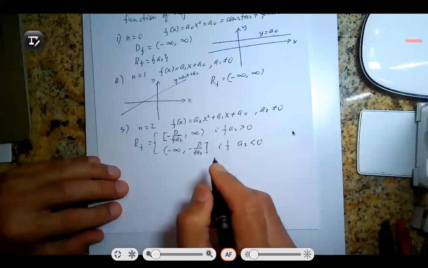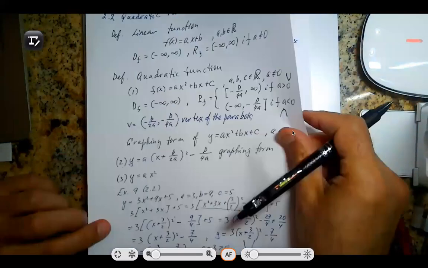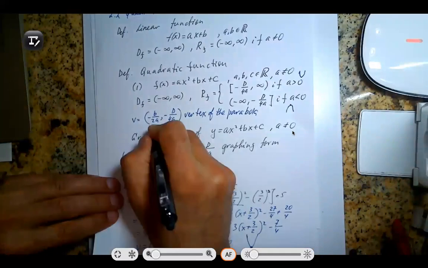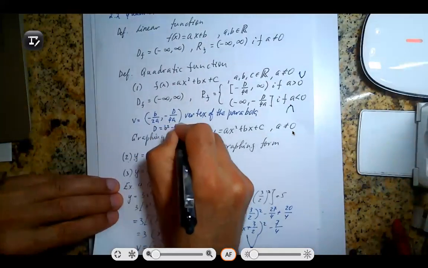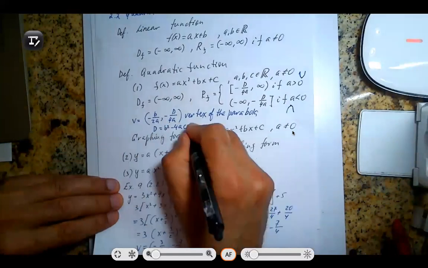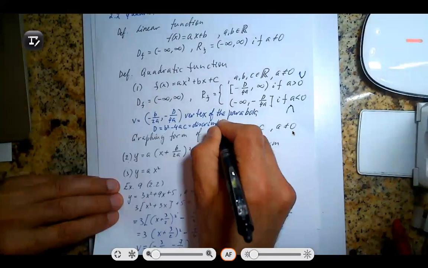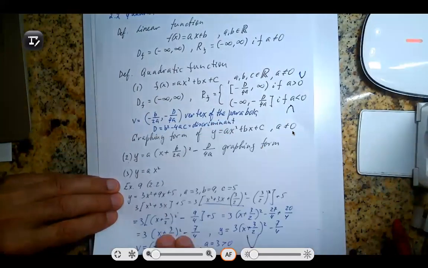By the way, d is the discriminant. I forgot to tell you over here. The discriminant equals b squared minus 4ac. I hope you remember this from algebra.